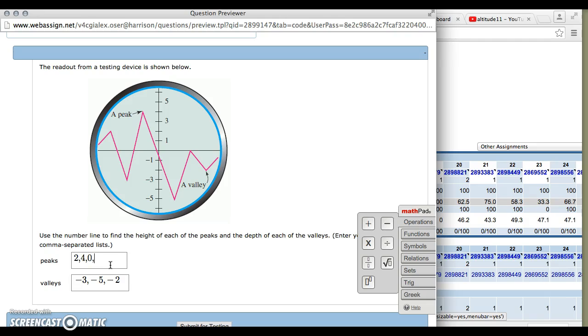If you think this happened to you, please go in and check, and if this did in fact occur for you, I will happily change your score because you still listed all of the correct peaks or valleys. It's just for whatever reason the software will not count this as a correct score because of that extra comma. So please go in and check if you think that may have happened to you.